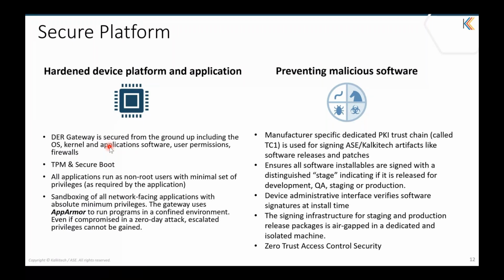And all the application software loaded in the device is signed by ASIO Calcutta, and if there's any software trying to load and run in the gateway which is not signed and approved, that will immediately be stopped by the backend systems.